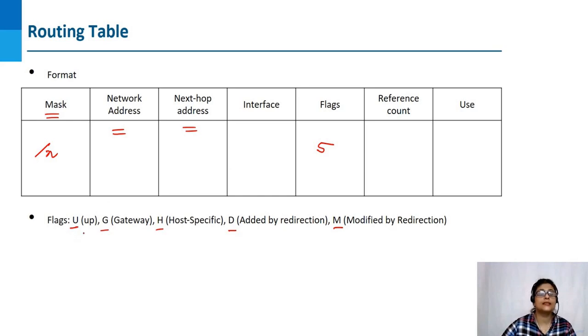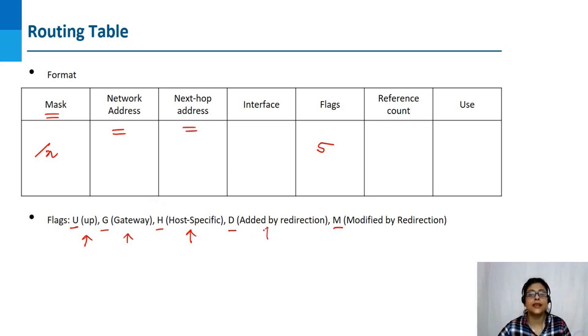If the U flag is set, it means that the router is up and running. If the G flag is set, it means that it is a gateway flag, which means that the data must be forwarded to the other network, and it is inter-domain routing. If the H flag is set, it means that it is host-specific forwarding.